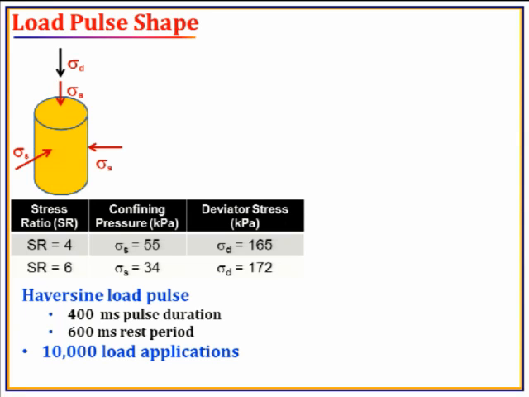Also, we are simulating the haversine pulse shape loads by applying 400 milliseconds, that means 0.4 second of load pulse duration, and 600 milliseconds, that means 0.6 second of rest period. And we are doing the repeated load triaxial test with 10,000 load applications on those 5 different ballast materials.